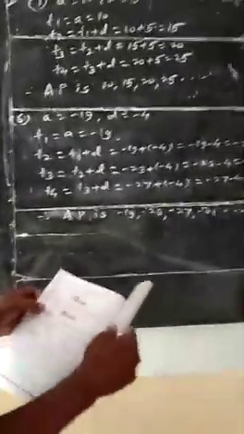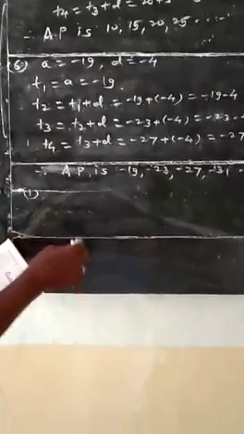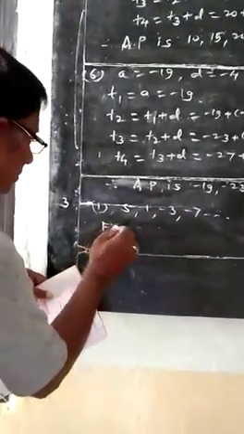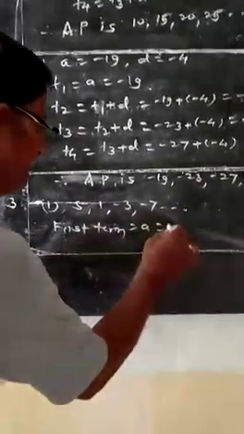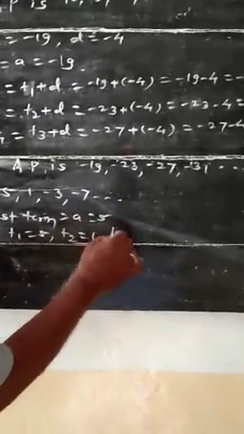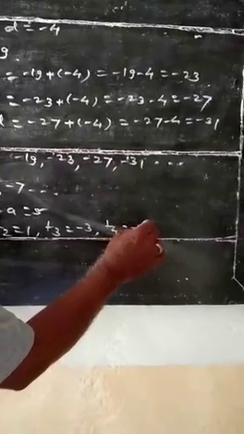Then your next question, question number 3: find the first term and common difference for each of the following. In question third, first: 5, 1, minus 3, minus 7. First term is equal to a is equal to 5. So T1 is equal to 5, T2 is equal to 1, T3 is equal to minus 3, T4 is equal to minus 7.